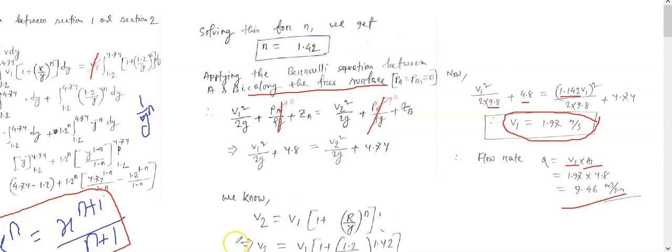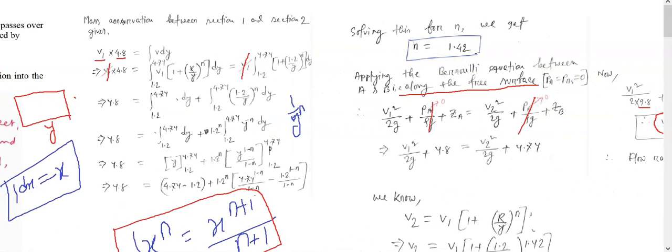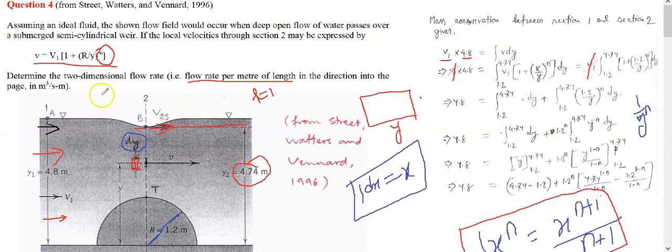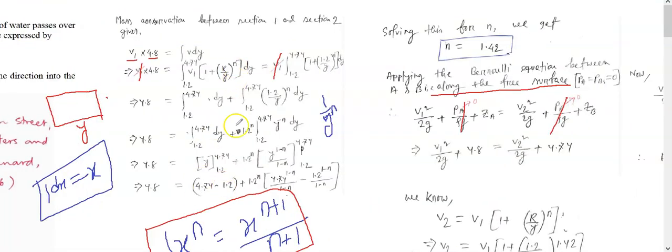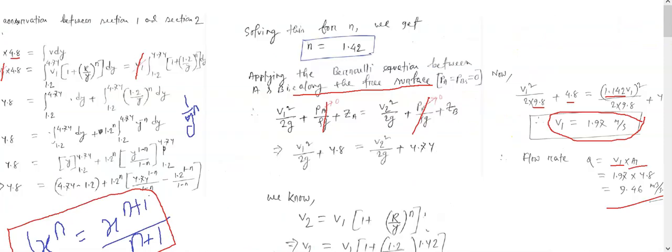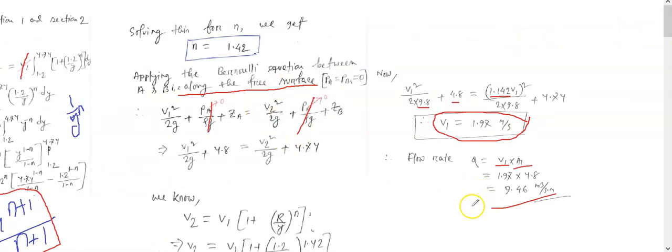The main thing is that initially we need to calculate the constant n, because in this velocity profile, this constant n is unknown. So we did all of these simplifications, used the mass conservation principle to get that value, and once we got n, we used the Bernoulli principle to get the velocity for section 1, and then we calculated the flow rate.